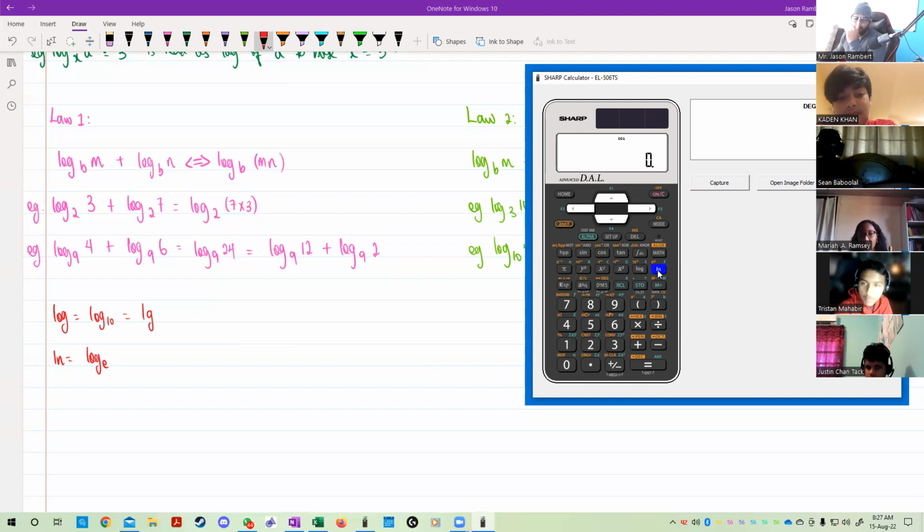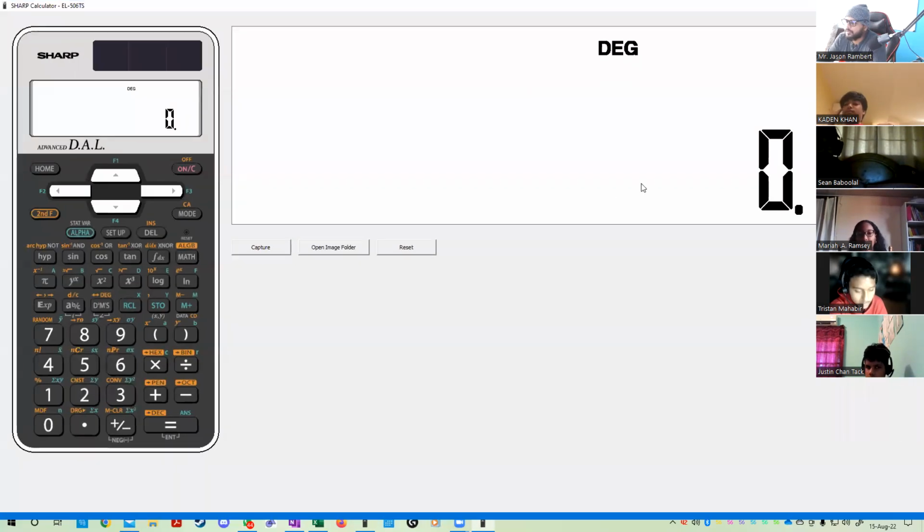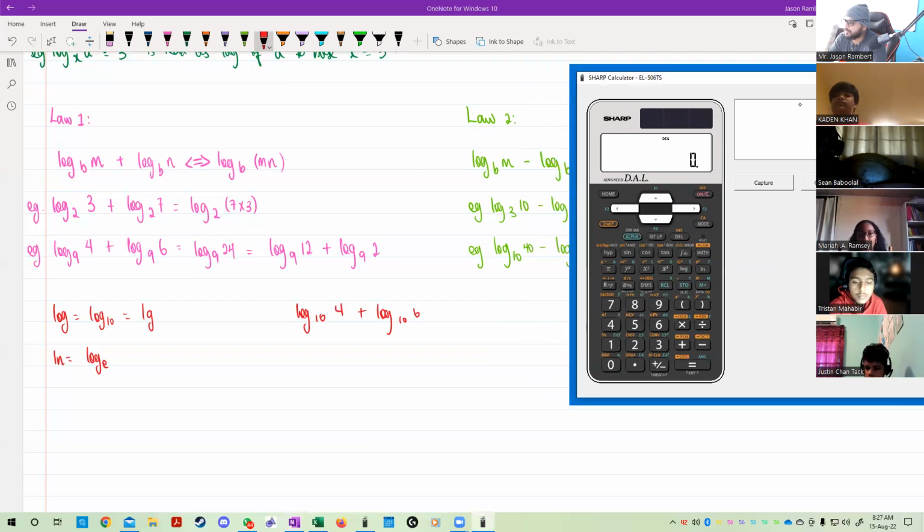An easy way to remember law 1 and law 2 is to write down the law, and try to remember the law in terms of base 10. This is strictly on how to remember the law. If I want to remember log of 4 to base 10 plus log of 6 to base 10 is supposed to be log of 24 to base 10.